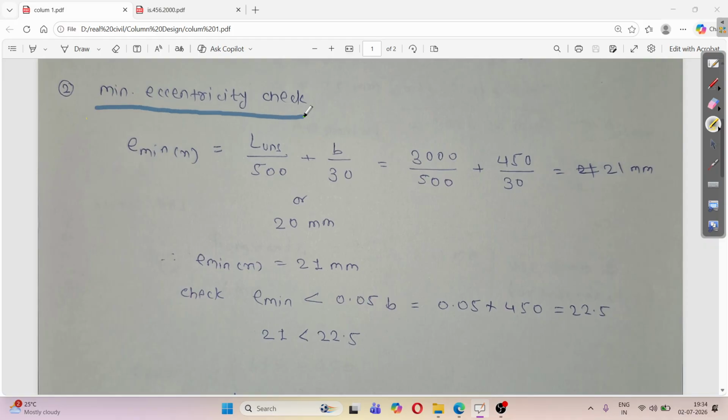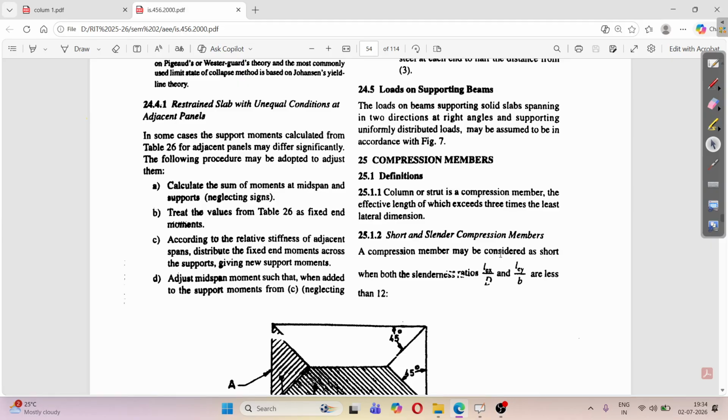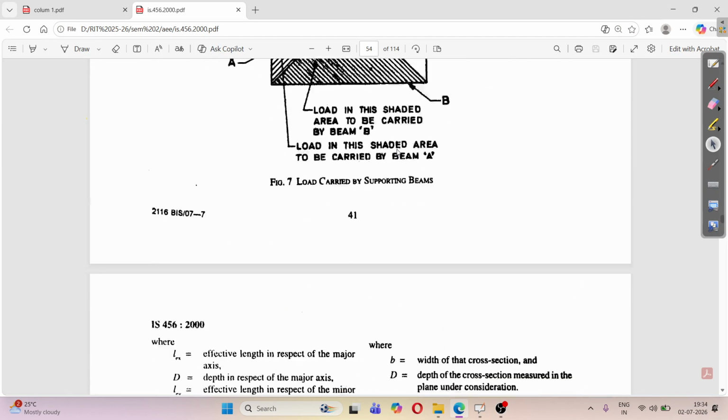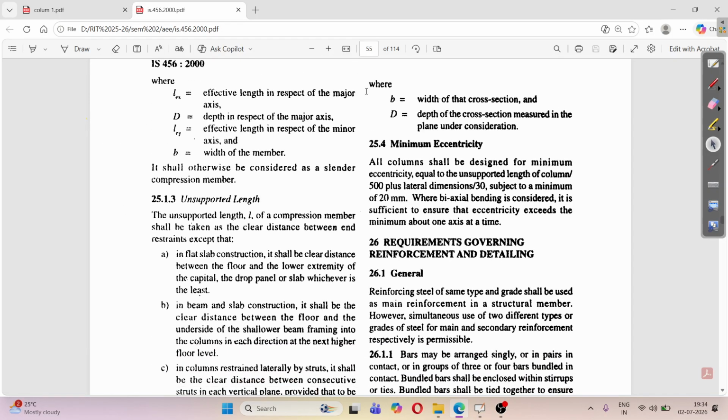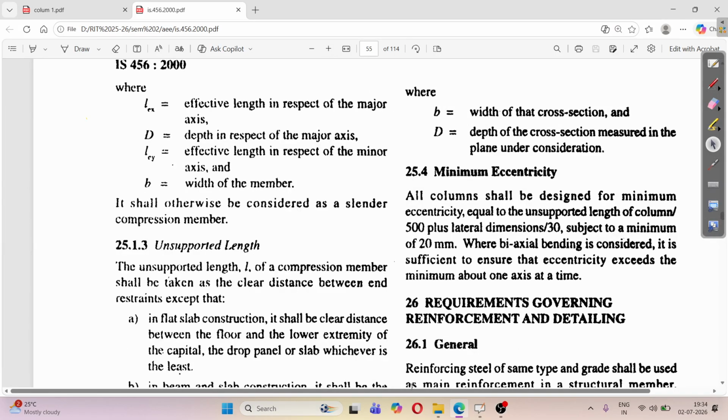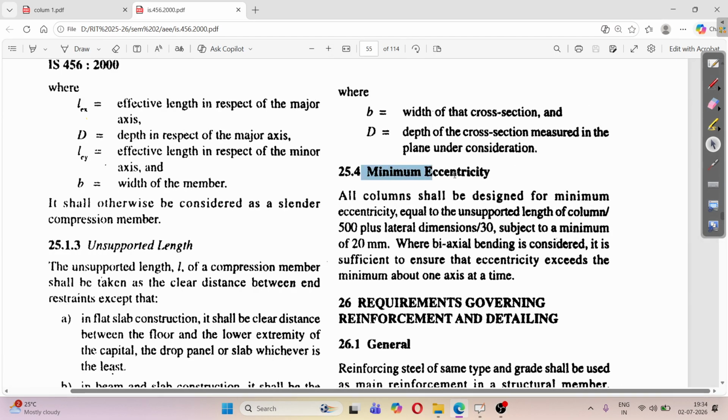For the minimum eccentricity check, we have to go to clause number 25.4 of the IS code. So here this is the clause. Minimum eccentricity: all the columns shall be designed for the minimum eccentricity equal to unsupported length of column divided by 500 plus lateral dimension divided by 30, subject to a minimum of 20 mm.